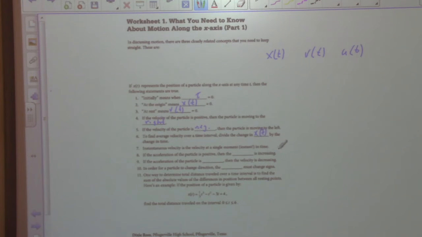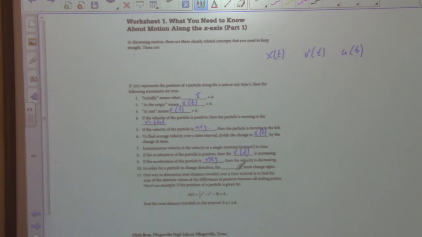If the acceleration of the particle is positive, then the v of t is increasing. If v of t is increasing, we know the acceleration is positive. And we'll go over this. If the acceleration of the particle is negative, then the velocity is decreasing.